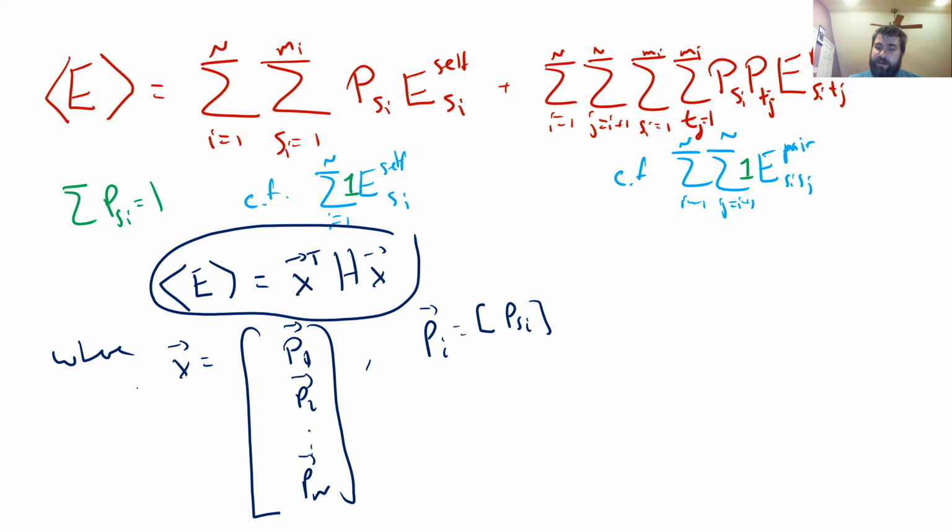Now, this is a framework. It lets us write down the energies. How do we get these probabilities? And this is where the mean field part of self-consistent mean field came in, this description of the energies in terms of a probabilistic ensemble-based description.